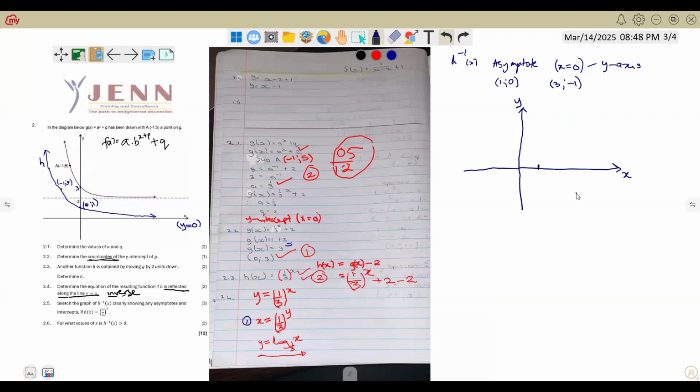Because the x value is positive, but the y value is negative. That 3, negative 1. Are you seeing it? Yes, sir. This one is 1. So by just sketching, it means we agreed our y is an asymptote. So it means our graph is going to be like this, passing through that point and that point.